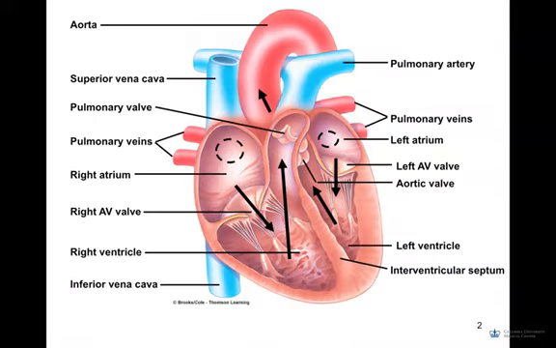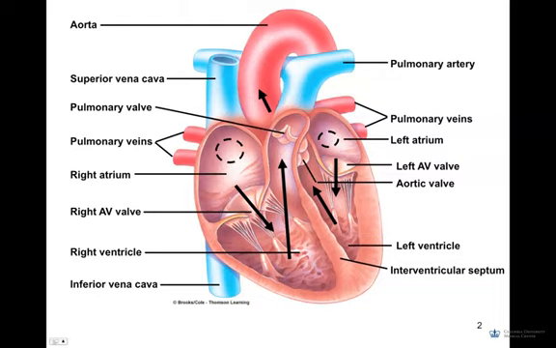So if we look at what path blood takes as it moves through the heart, as I said before, blood enters the right side of the heart from our systemic veins. The veins that feed the heart include the inferior and superior vena cava.